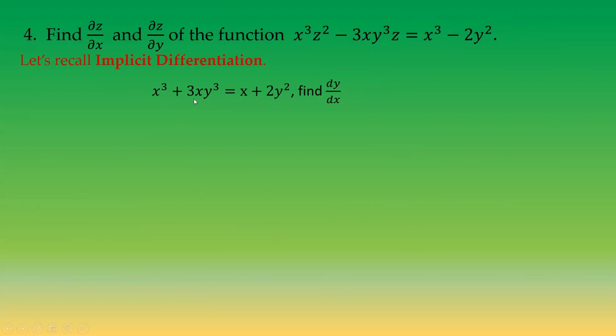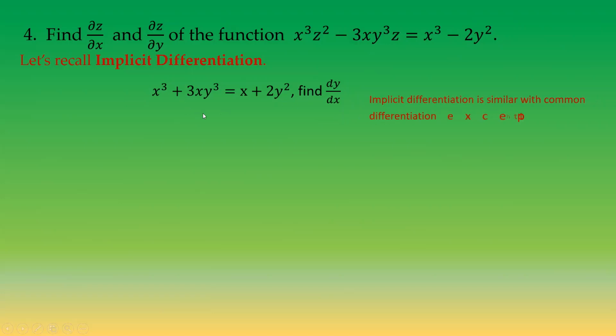So pag chinek mo yan, hindi mo siya pwedeng ayusin as y function of x lang. Magkahalo ito x and y kagad siya. Ang ating equation, and we are asked to find the derivative of y with respect to x. Ito ay review lang ng partial differentiation. Review tayo ng implicit differentiation.